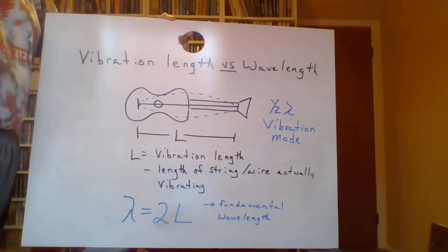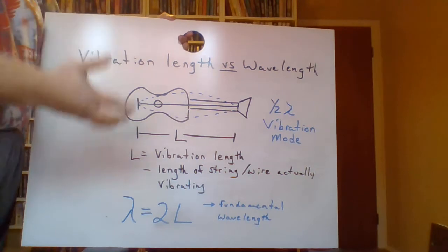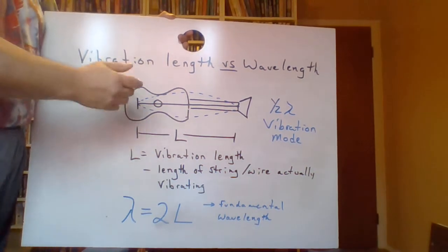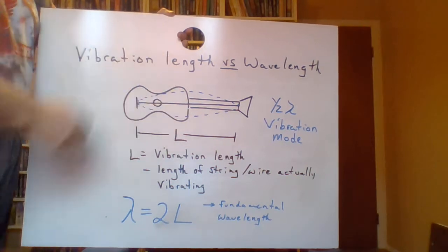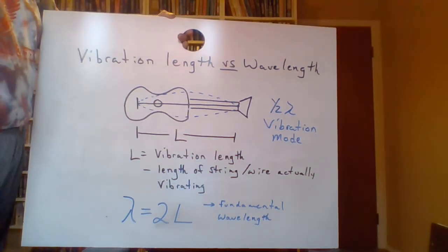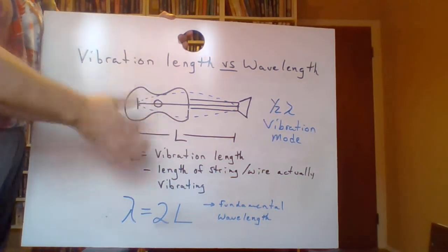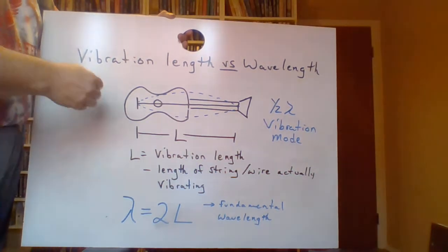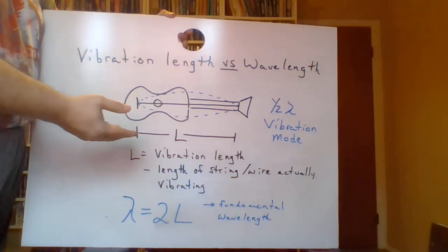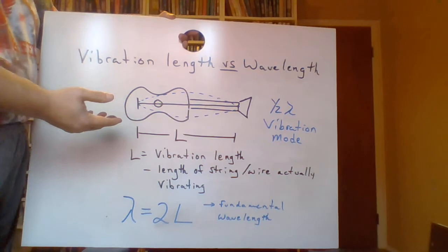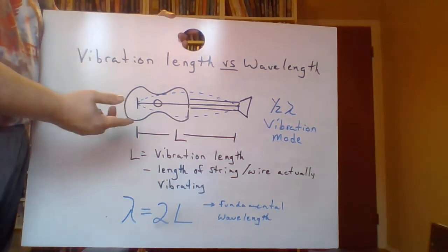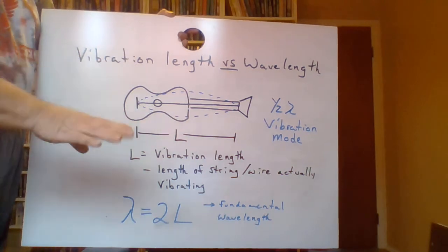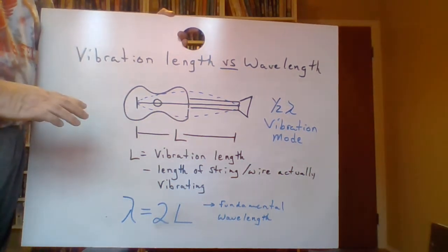Okay? And so the harmonics are those higher frequency, shorter wavelength vibration modes that can happen on the same string. These overtones, these harmonics, are what contribute to the sound quality. Okay? The purer the tone, the fewer harmonics are in that tone.